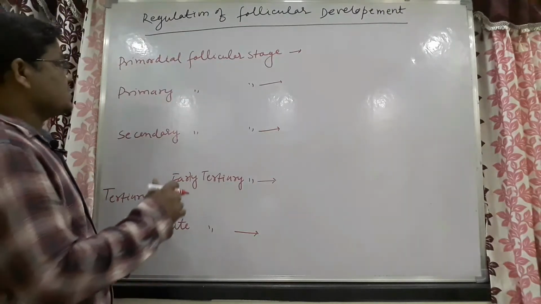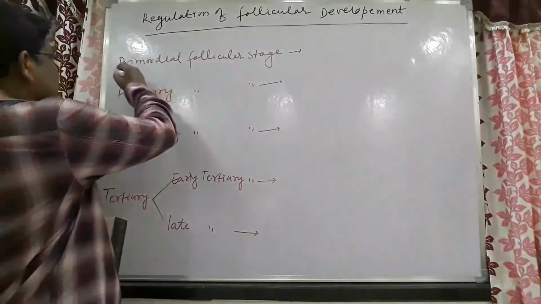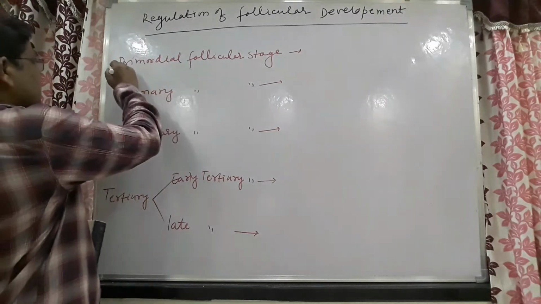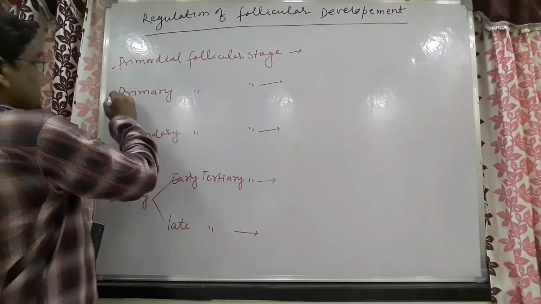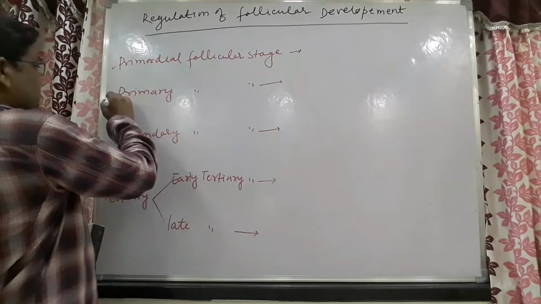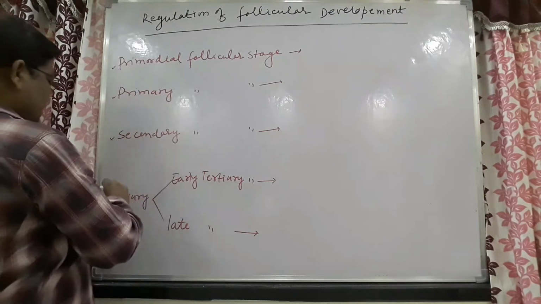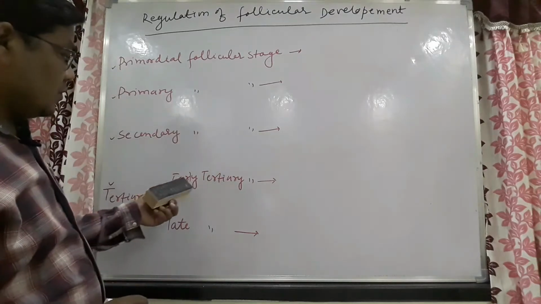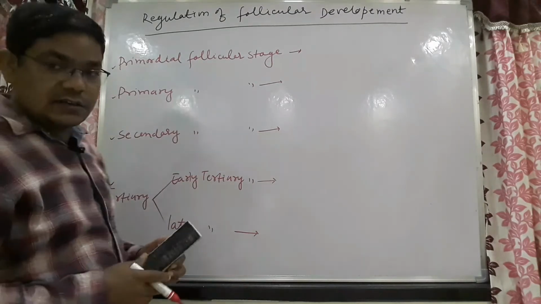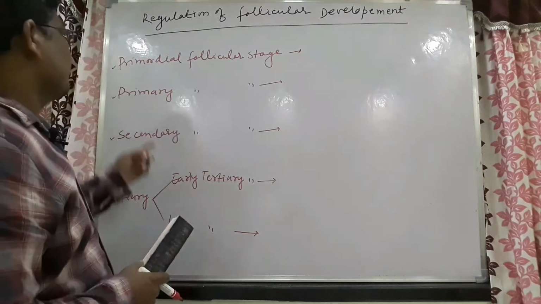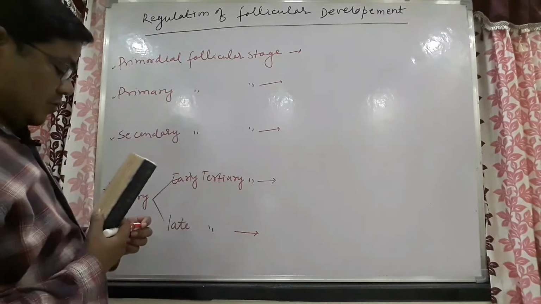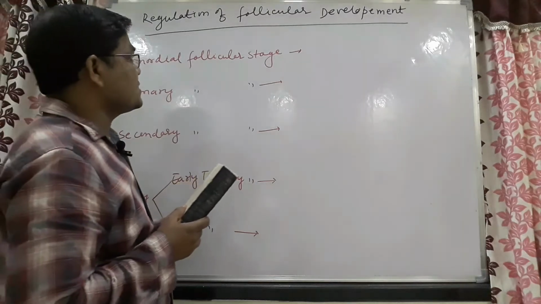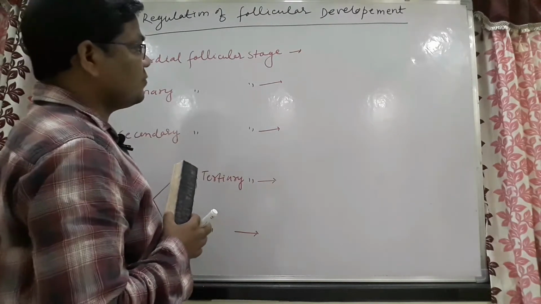From our previous discussion, we all know that follicular development has 4 stages. Those are the primordial follicular stage, primary, secondary and tertiary. This tertiary follicular stage is further divided into early tertiary follicular stage and late tertiary follicular stage. Now we will here only discuss the regulation part.